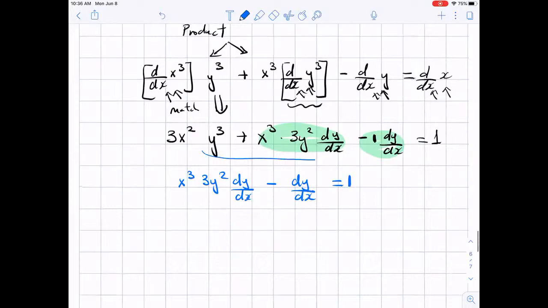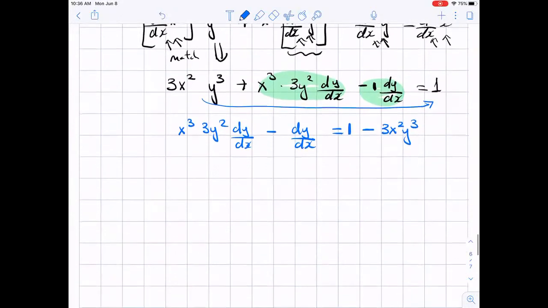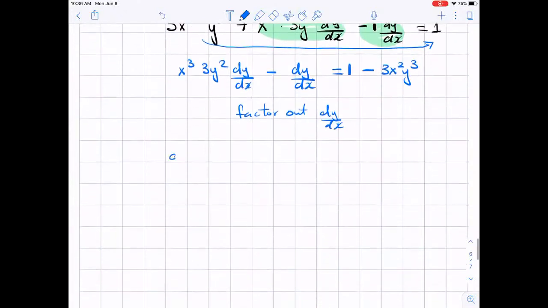And if you take this to the other side, then we end up with minus 3x squared y cubed. Now we factor out dy/dx. So we have dy/dx, in brackets will leave me with x cubed times 3y squared minus 1, is equal to 1 minus 3x squared y cubed.